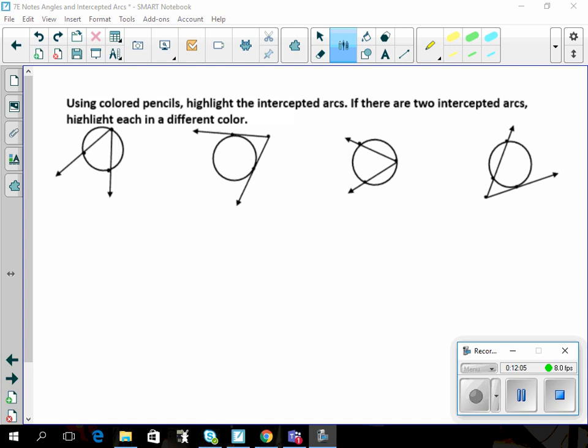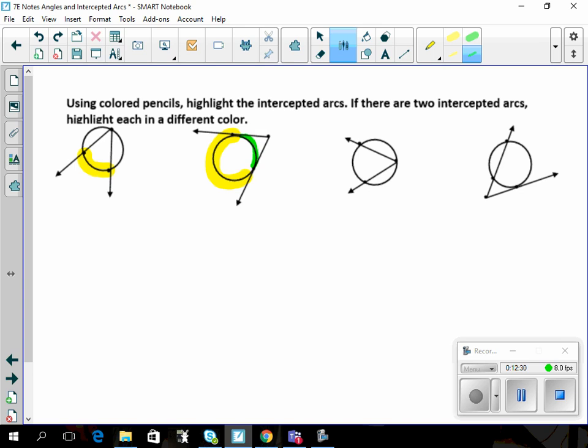All right, so when we're looking at highlighting here, we should have found an arc here, right? On the inside. We have an intercepted arc here, but there's another one. Isn't the one right behind it also an intercepted arc? All it has to be is confined to be within the angle.